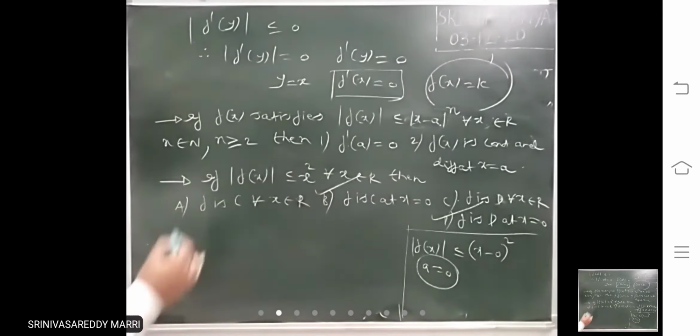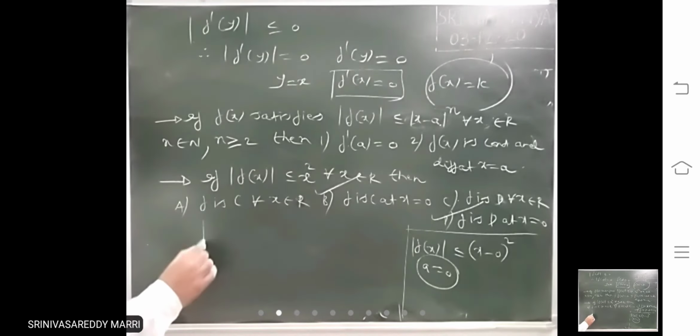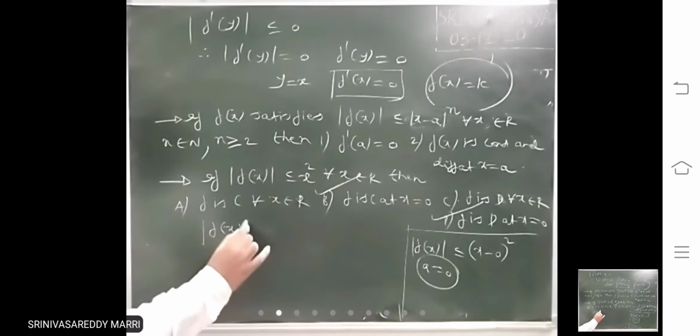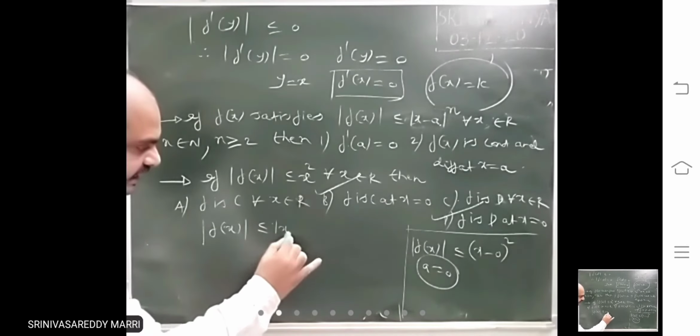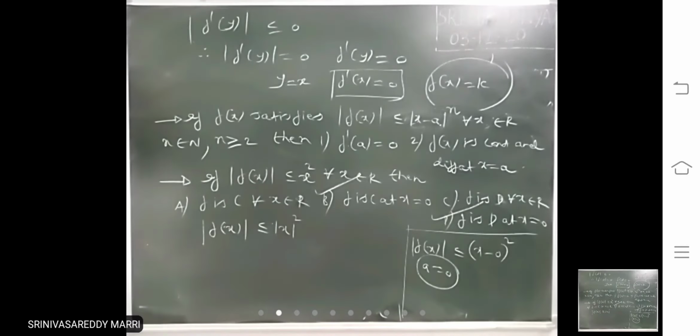So look at, this is given like this. Modulus f of x is less than or equal to x square, I am writing it as modulus x square, since x square is nothing but modulus x square. Now I am bringing one modulus x to this side, less than or equal to modulus x.